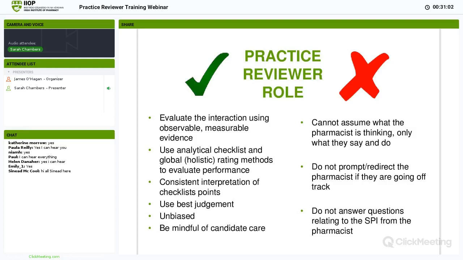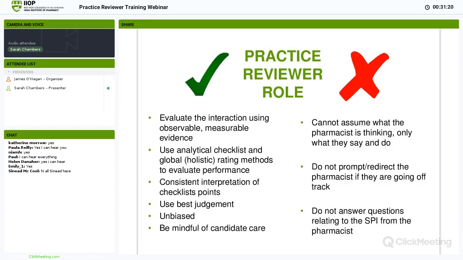So now that we've covered quite a lot of what the practice reviewer role is, this is just a helpful slide to remind us, I suppose, what it is and what it isn't. So what is involved is to evaluate the interaction using observable, measurable evidence.